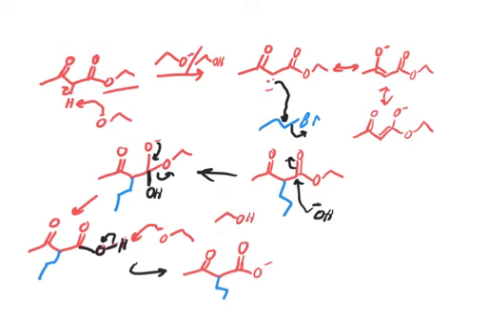Okay, we're then going to treat this with acid. And the first thing that's going to happen is just simple deprotonation. So we're going to wind up with a carboxylic acid. If you remember when we covered this section, when I have a carboxylic acid that's in the beta position, this is alpha.